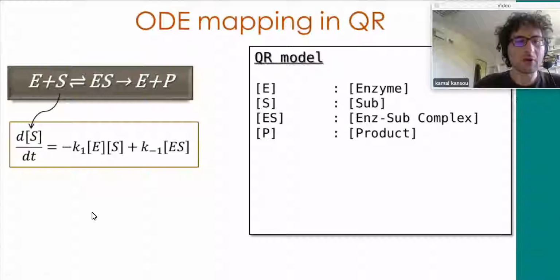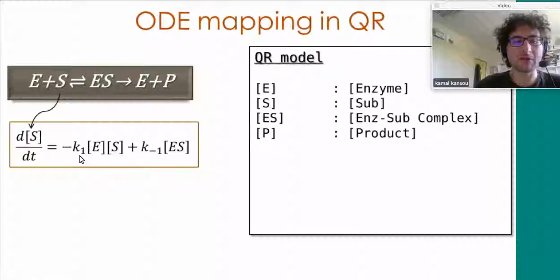So we can extract one differential equation from this, and this differential equation represents the evolution of the derivative of the substrate over time for a unit of time, and you can see two terms.